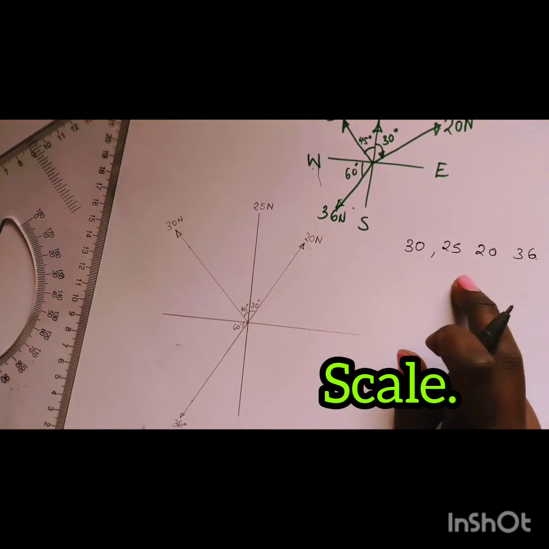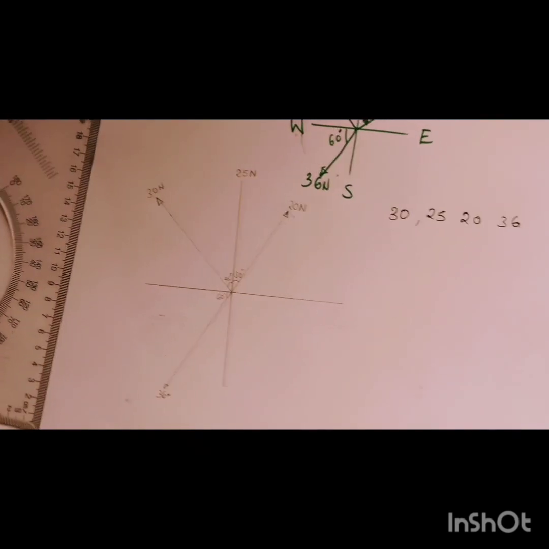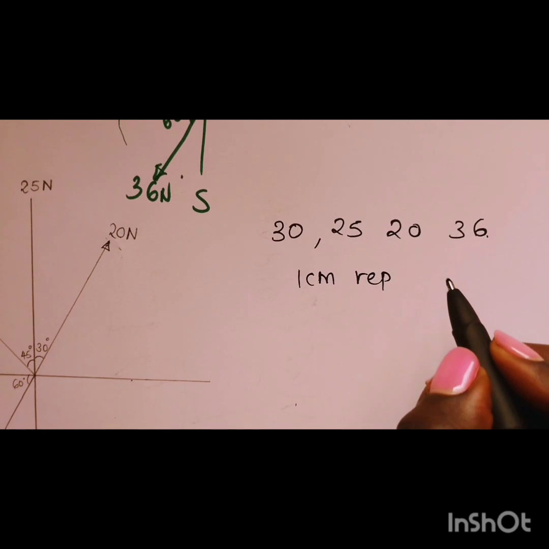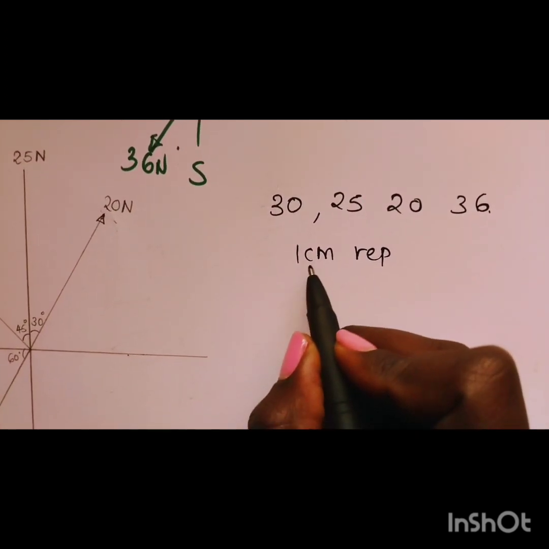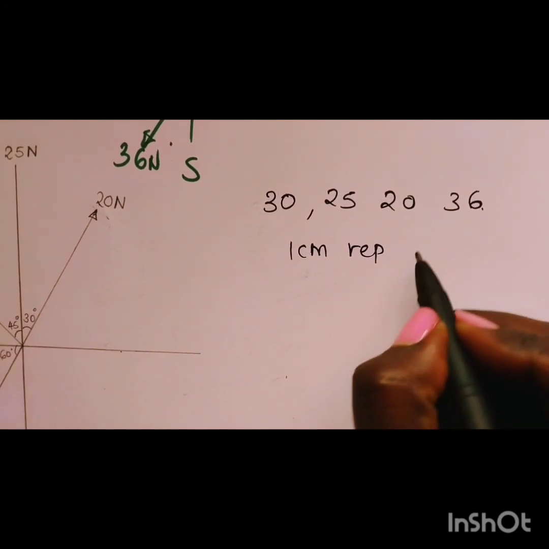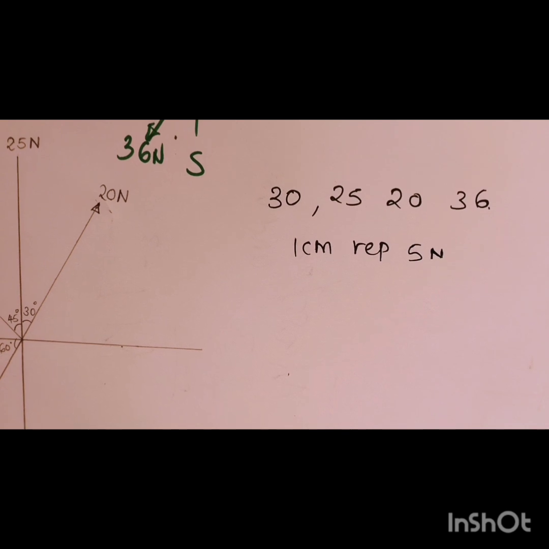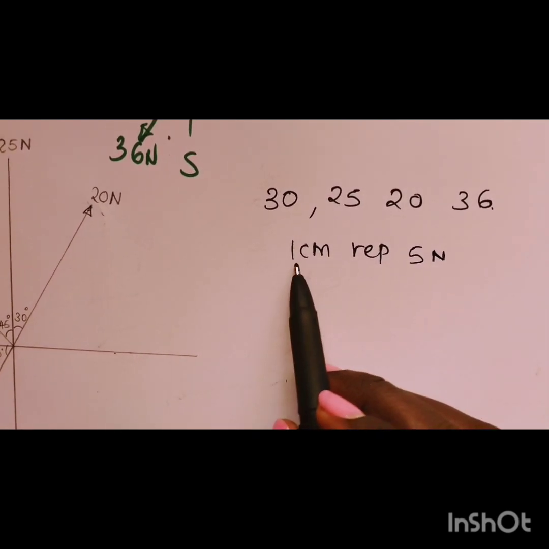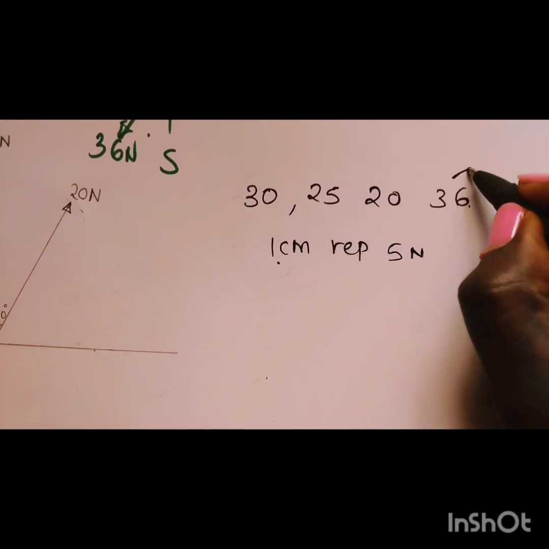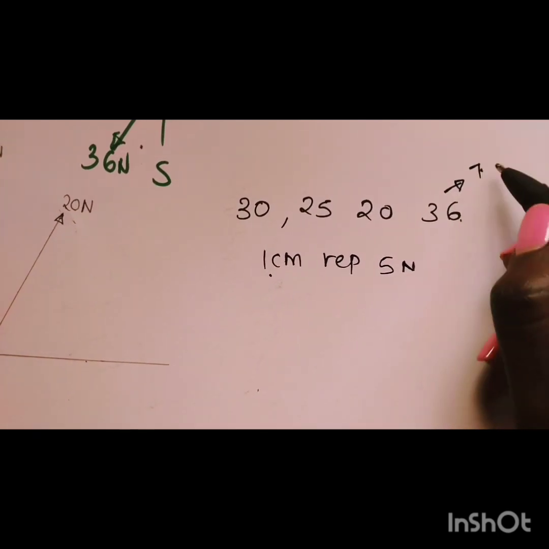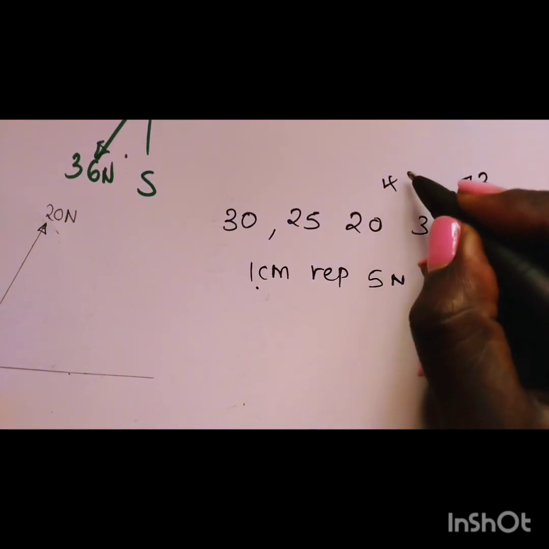Now, please get a suitable scale, because we are going to draw using a perfect scale. So for my case, the suitable scale that I'm going to use is that 1 centimeter would represent 5 newtons. I don't know whether you've determined one for your own. For my case, if 1 centimeter will represent 5 newtons, that tells me that for the 36 newtons, I'll measure 7.2 centimeters. And this would be 4 centimeters.